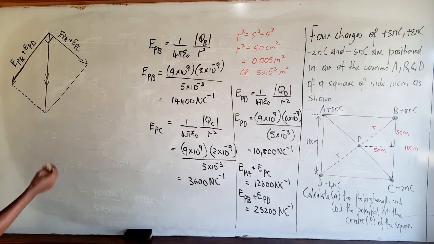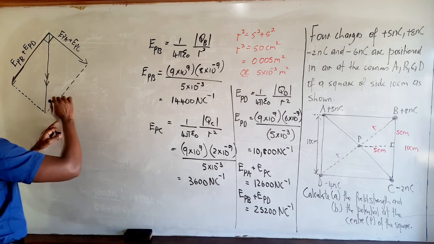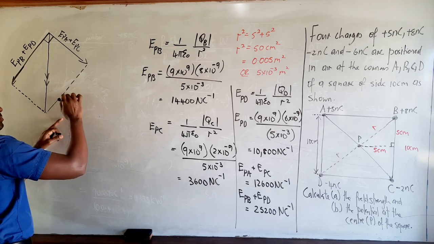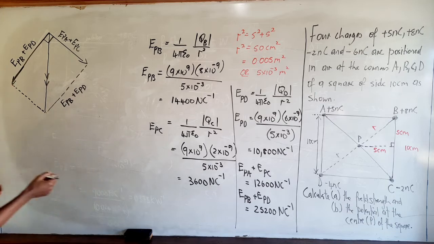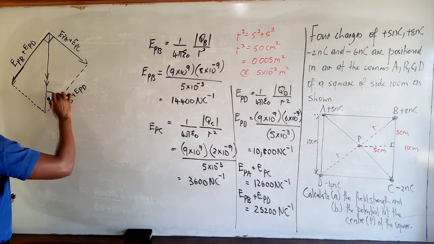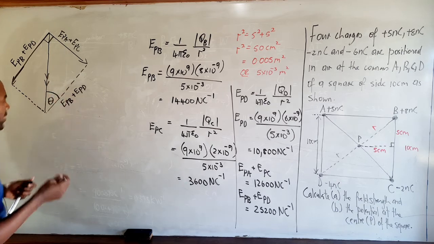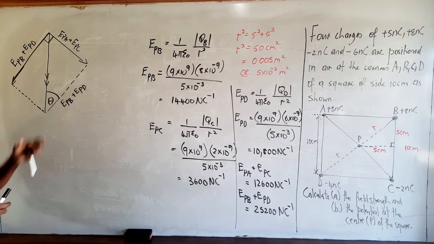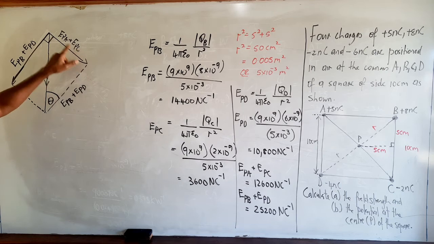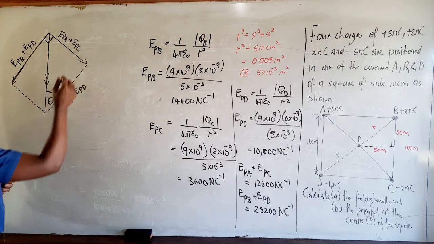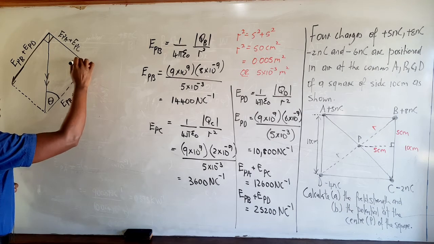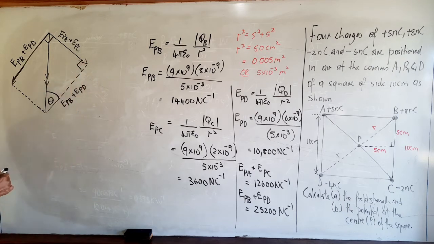All right? So, of course, this will be the same thing as EPB plus EPD. And let's take our angle as theta. Right? So what we could do is basically just redraw and put in the magnitudes and use the right angle triangle. So this of course will also be a right angle, right? So let's do that.